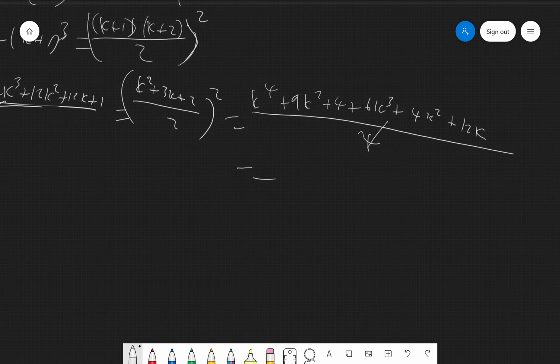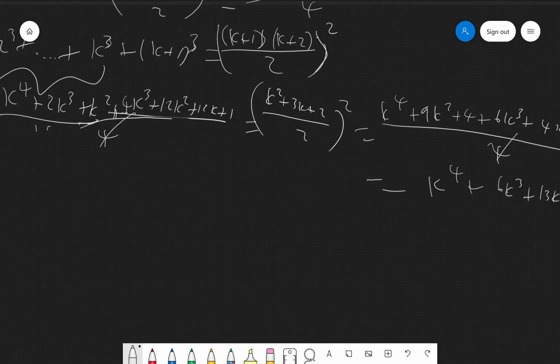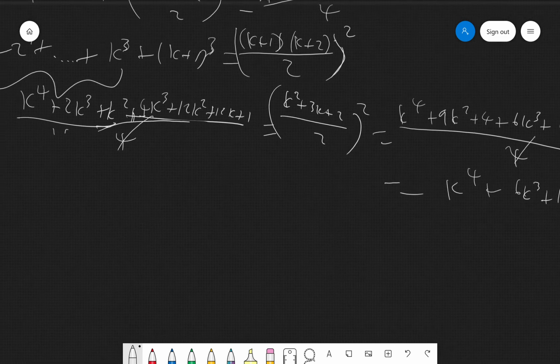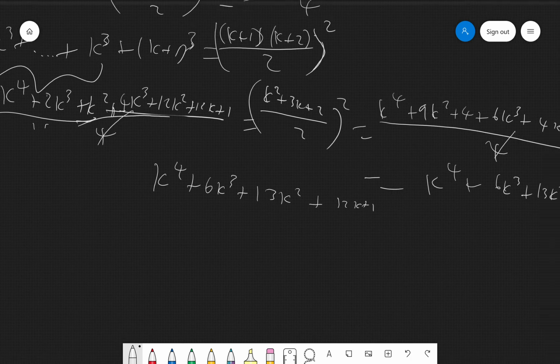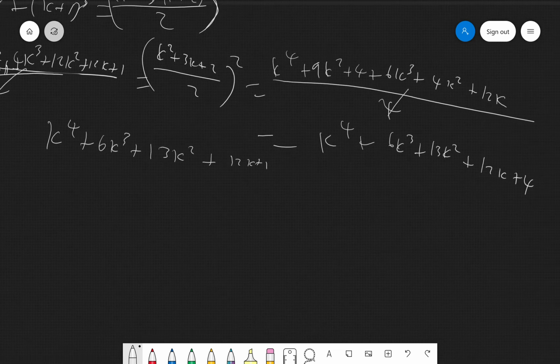Simplify the right side, you get k to the fourth plus 6k cubed plus 13k squared plus 12k plus 4. And we multiply by 4, right? And then now, we simplify the left side, we get k to the fourth plus 6k cubed plus 13k squared plus 12k plus 1. Oh, it's not even writing perfectly aligned.